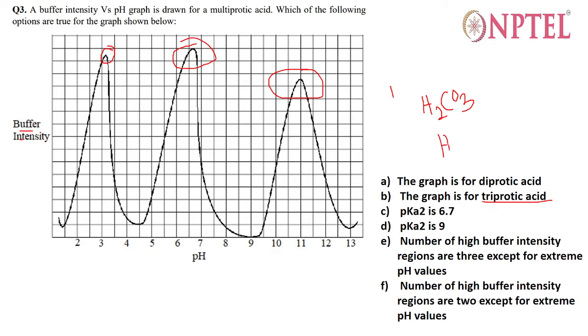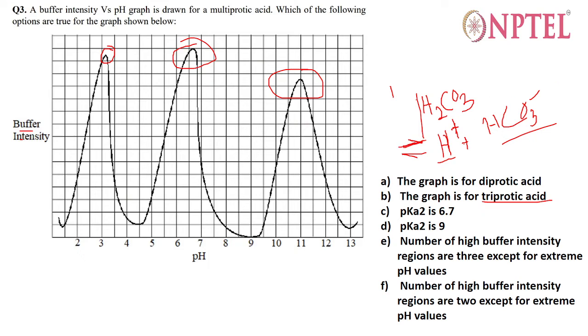It gets dissociated as H plus ion and also HCO3 minus, the bicarbonate ion. So there will be an equilibrium of these species, with an equal amount of H2CO3 and HCO3 minus.